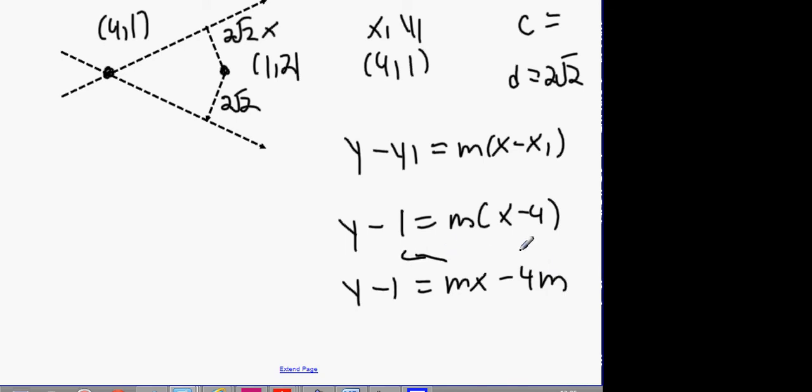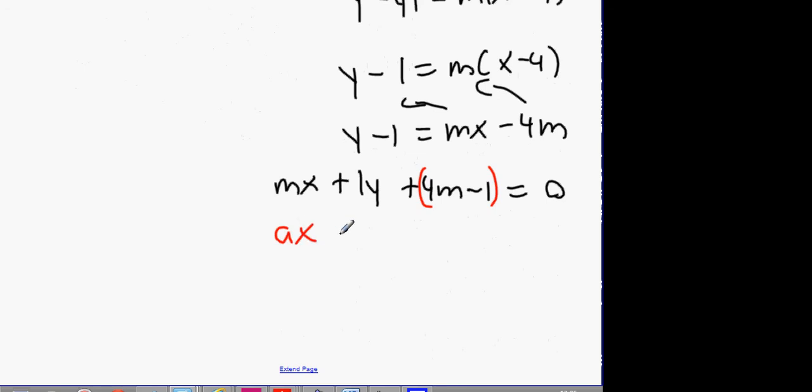Bring it all to the left side. What we're going to get is mx plus 1y plus 4m minus 1 equals 0. Why did I put them together like this? The reason is we want it in this form here. Anything that has an x in it goes to the front.